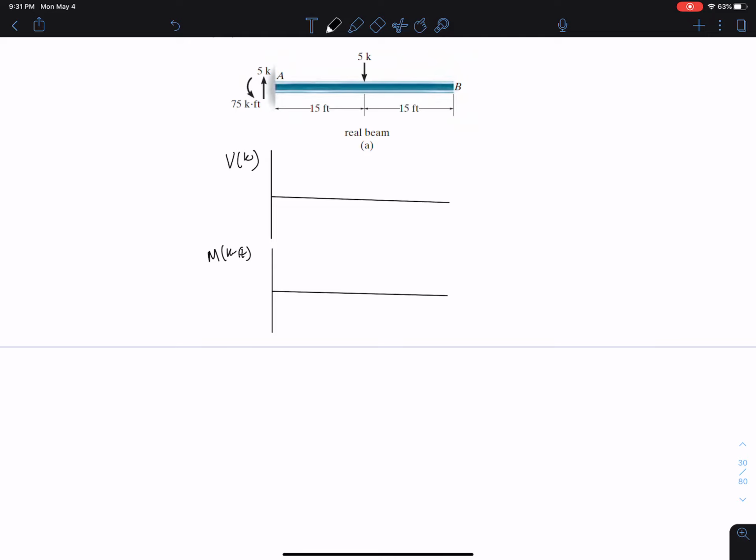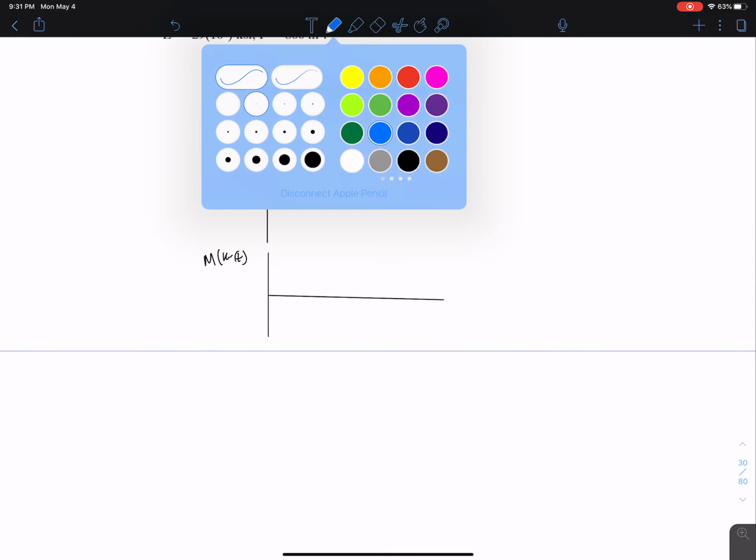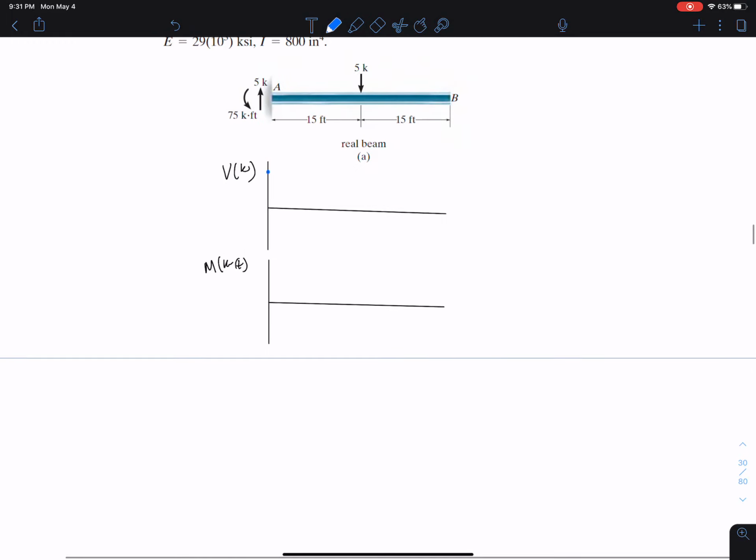Here, we're going up 5 kips. No change. Down 5 kips. And then nothing. Here for moment, you can see we have this negative 75.